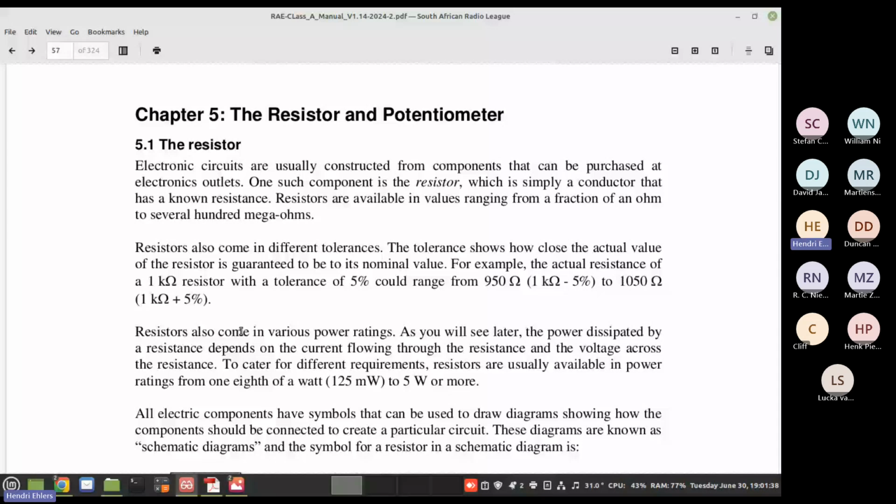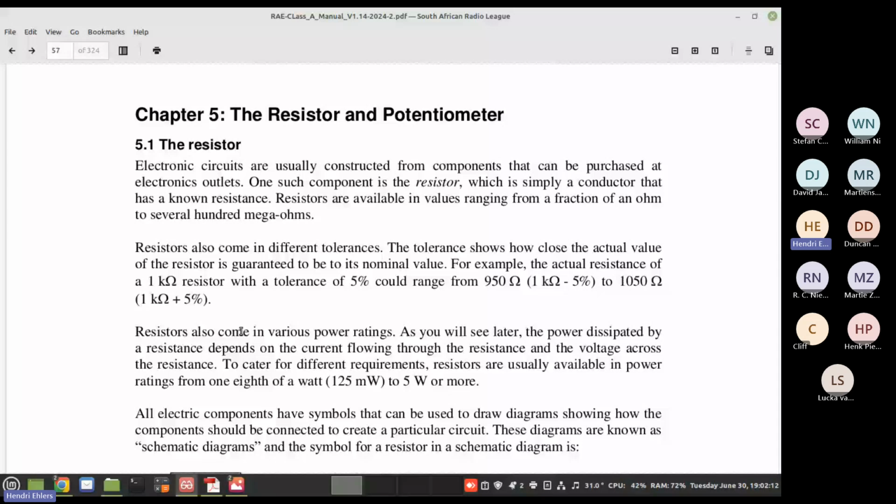You do get ones that are worse than 5%, but in general, with the electronics we use these days, the worst one we will use is a 5%, but it is preferable to use a 1% because there's very little price difference between those resistors. And then you also get different power ratings.